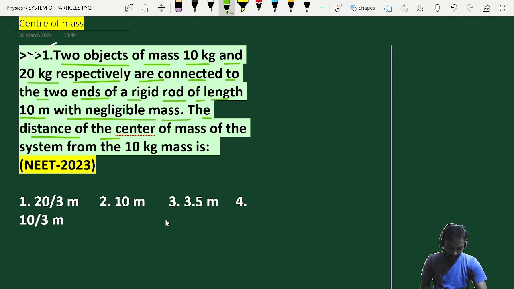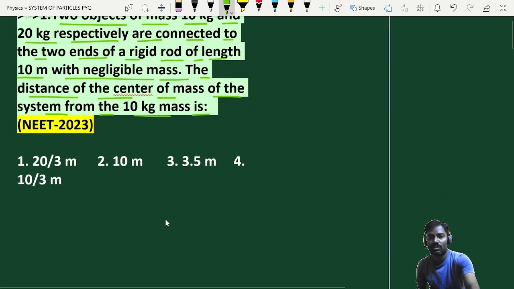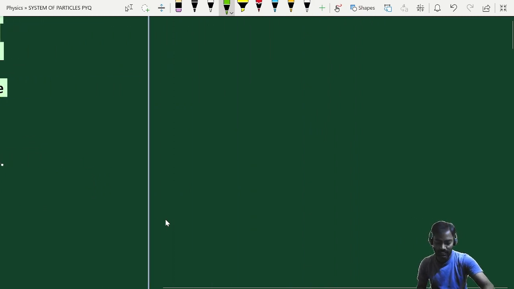The distance of the center of mass of the system from the 10 kg mass is. So here they have stated that two bodies of masses 10 kg and 20 kg are connected to a light, rigid rod. So here they have given information that mass of the rod is negligible.